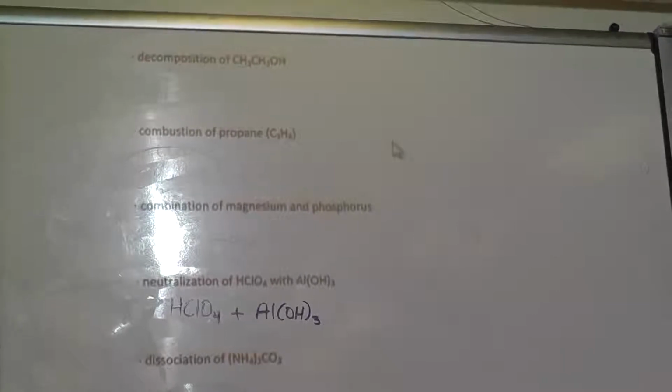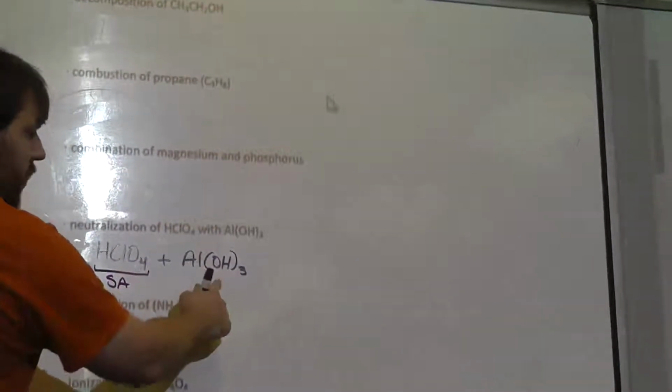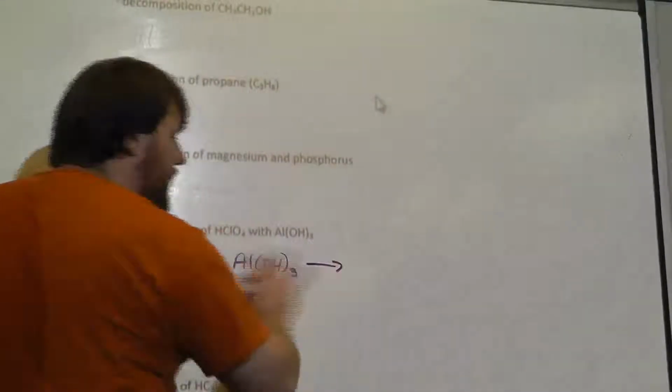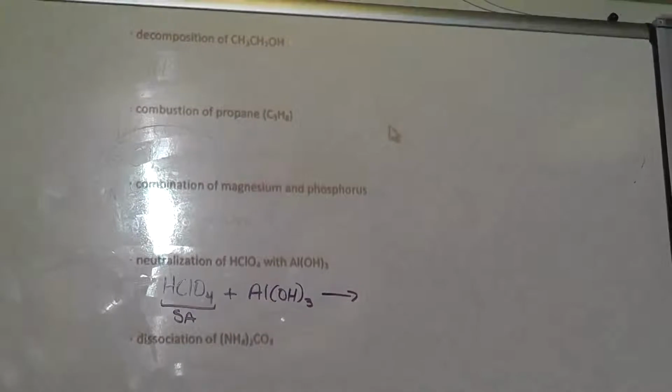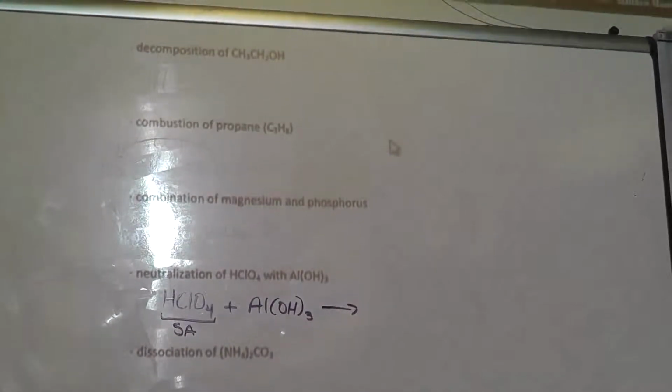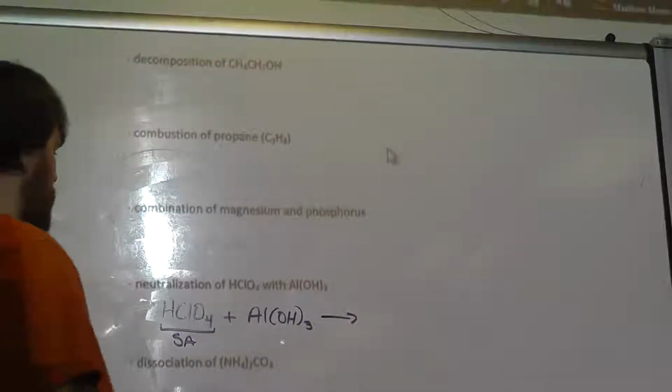Yes. This guy's a strong acid here. So even though this guy's a weak base, it's going to be a one-way arrow. The strong acid has enough oomph in it that it can push all of that to completion. The only way you can have a two-way arrow in neutralization reactions is a weak acid and a weak base. You have to have both of them weak to get that two-way arrow.